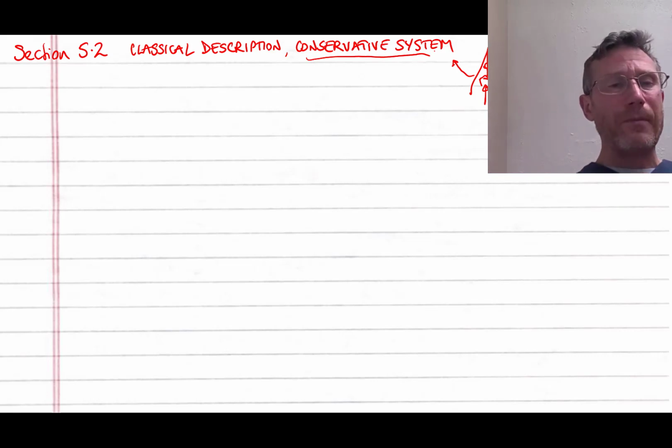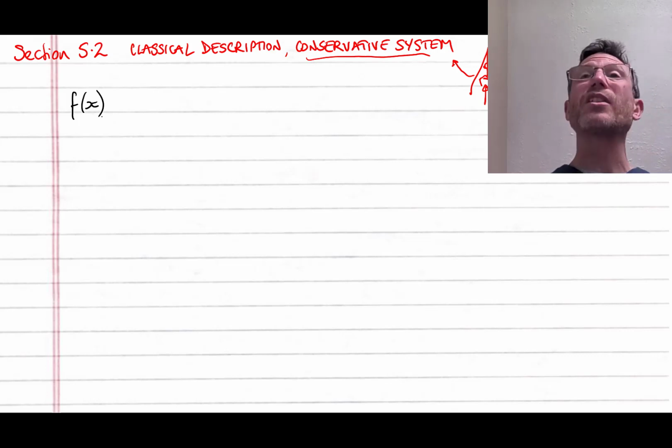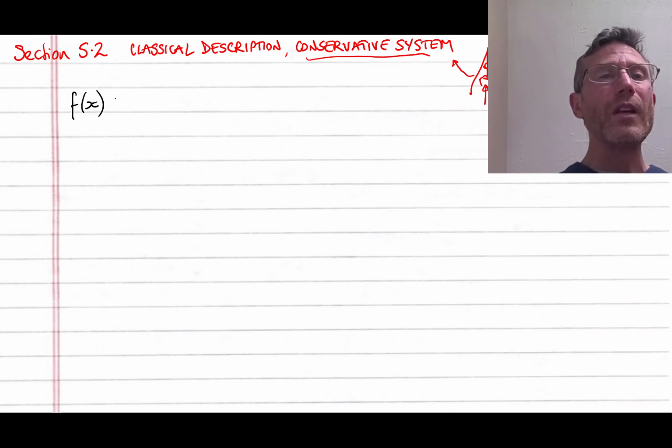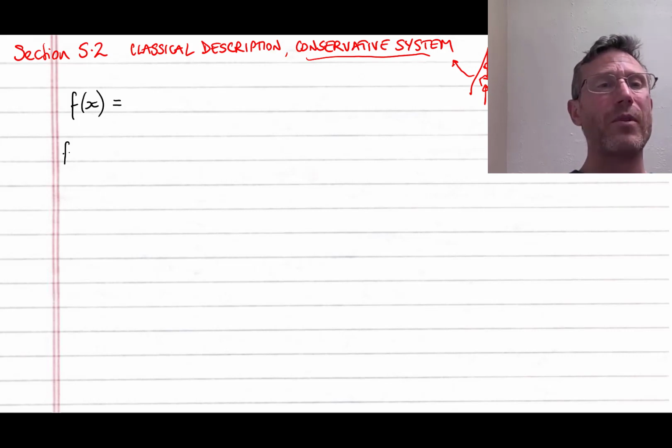So let's first think about the force, and we're going to call this little f of x, the force is a function of x, and we've of course already described what that force is in terms of Hooke's law. So f of x is equal to minus kx.